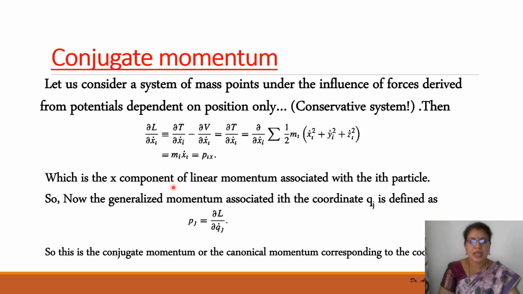So I can say that the generalized momentum associated with any generalized position coordinate qj is nothing but dou L by dou q dot j, because we got here dou L by dou x dot is equal to px. So dou L by dou q dot j would be pj. So we can arrive at the generalized momentum as the partial derivative of the Lagrangian with respect to the velocity coordinate. This is for the case of a conservative system.